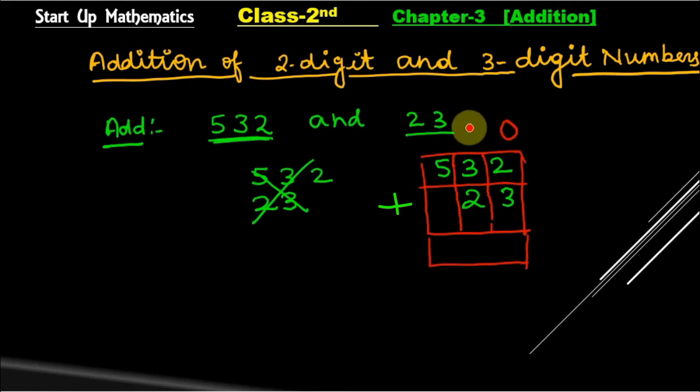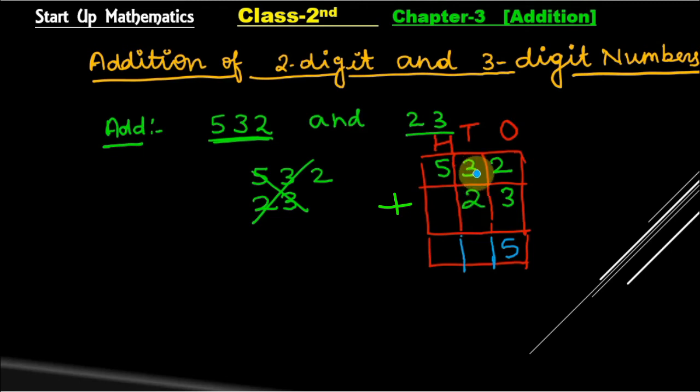Ones, tens and hundreds. First we add the numbers in the ones place. So in the ones place we get 2 and 3. So 2 plus 3 is equal to 5. Next we move to the tens place. In the tens place we get 3 and 2.